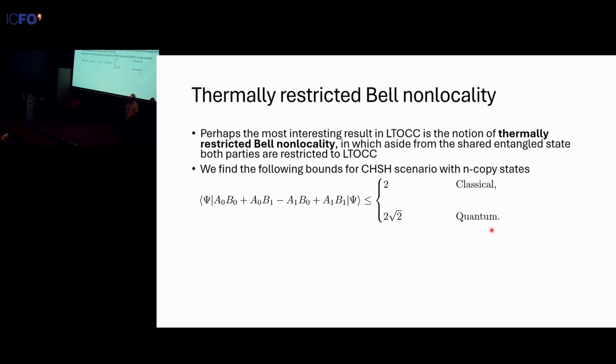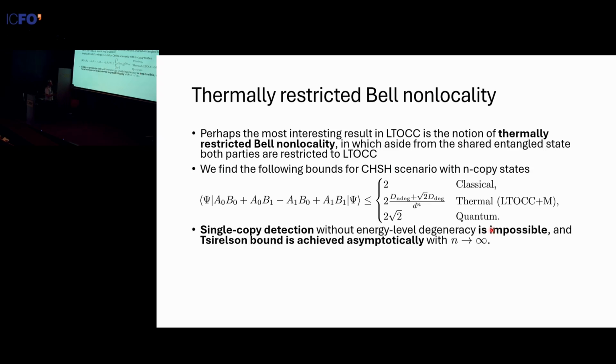On the other hand, if we are restricting the whole protocol to follow the LTOCC, the multi-copy is bound by something in between, depending on the number of degenerate or non-degenerate levels in the copies. Most importantly, perhaps, as long as the single copy does not have itself degenerate levels, the detection of entanglement via LTOCC is impossible and asymptotically approaches the Tsirelson bound.